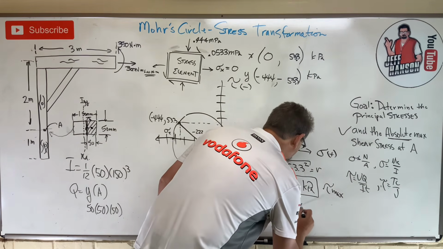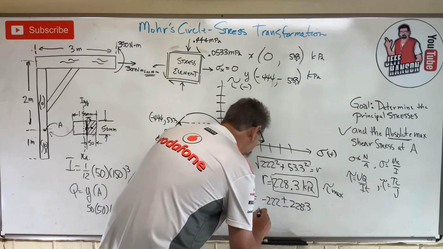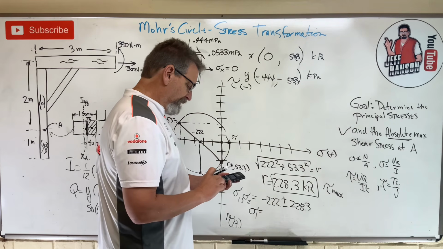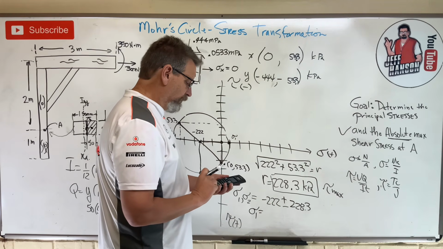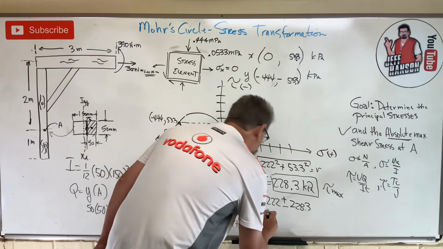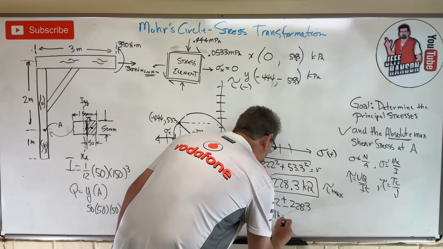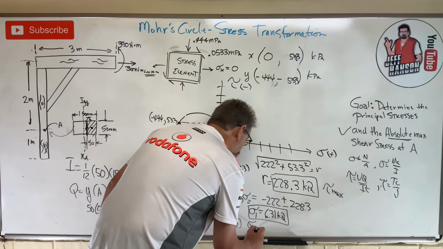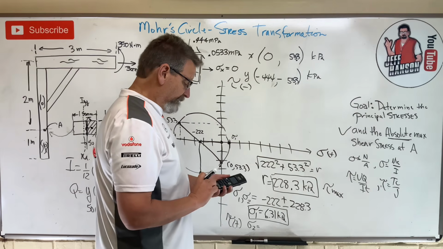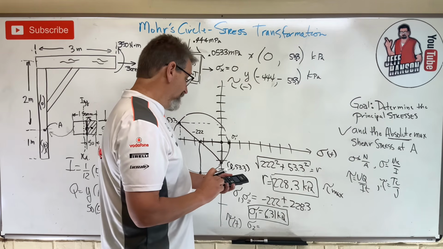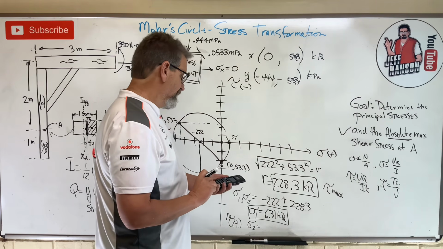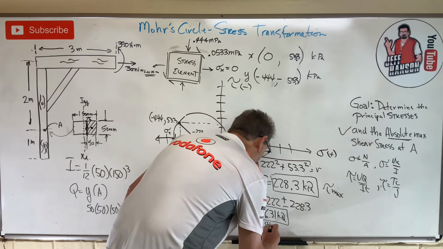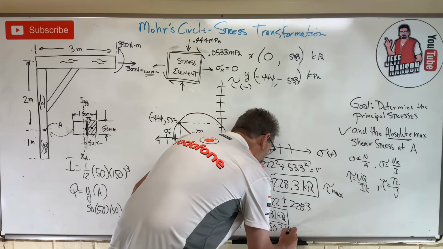So with 228.3, sigma 1 is equal to what? 228.3 minus 222 equals 6.31 kilopascals. Whoop, that's it. Sigma 2, what's sigma 2? Negative 222 minus 228.3 equals negative 450.3 kilopascals.